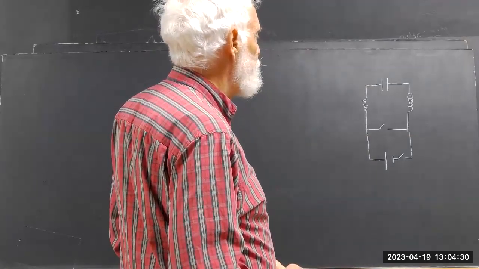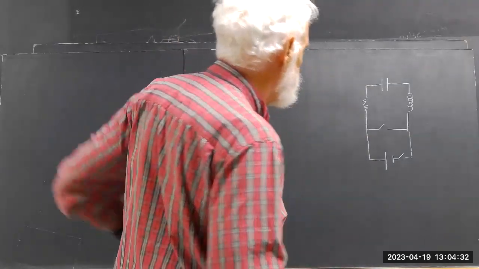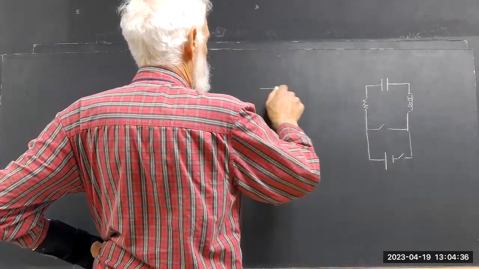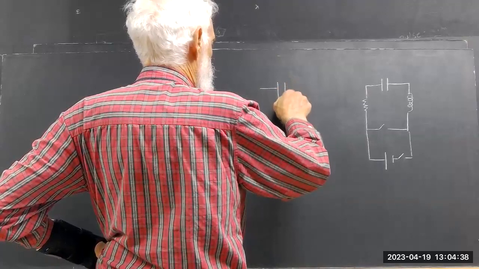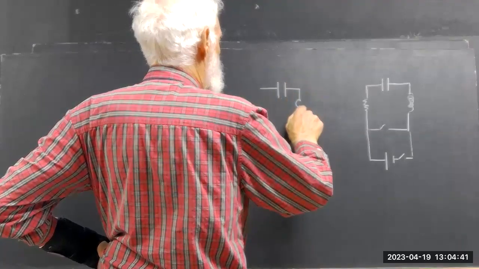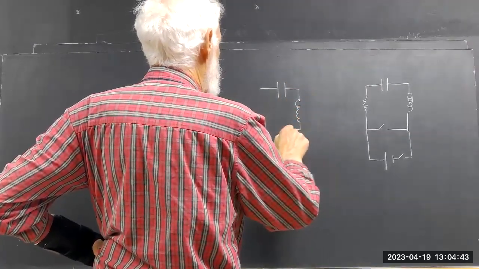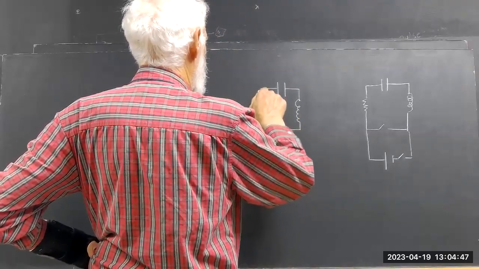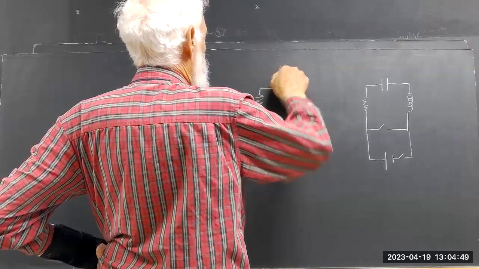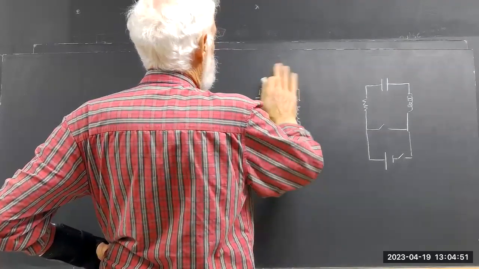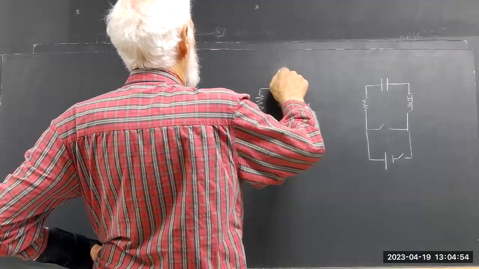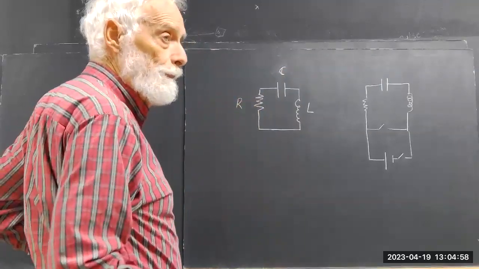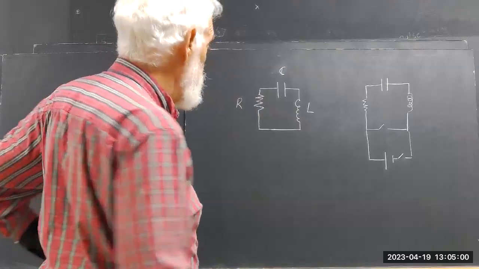Okay, so let's just look at a simple circuit. We've got an inductor with inductance L, a capacitor with capacitance C, and a resistor with resistance R. We've got some current.